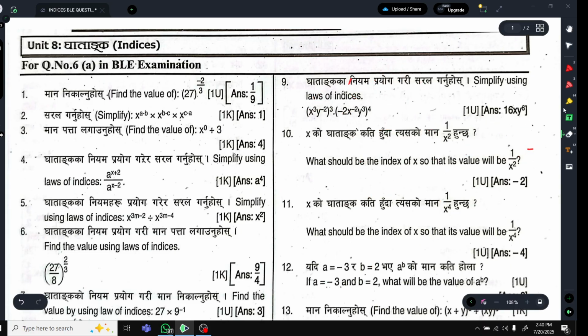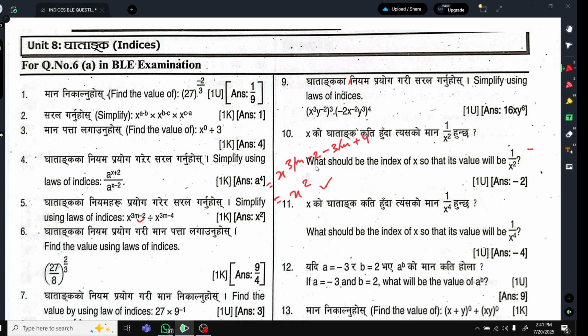Let us do that. So it is in division form, that is why it will be x to the power 3m minus 2 minus 3m plus 4. And the result is going to be x to the power 2 plus 4 minus 2.